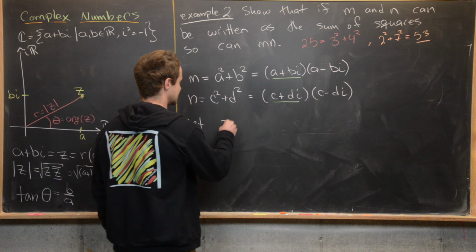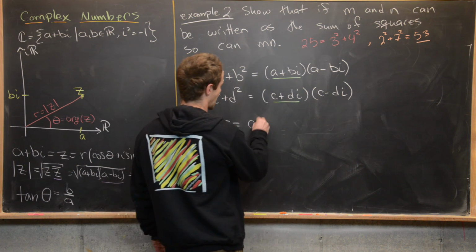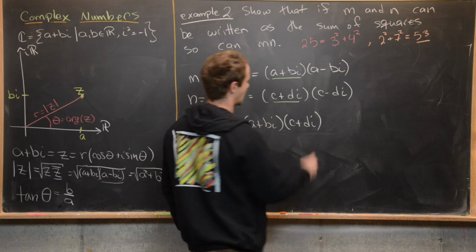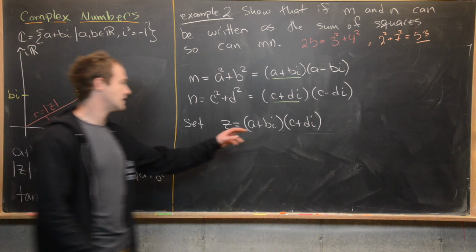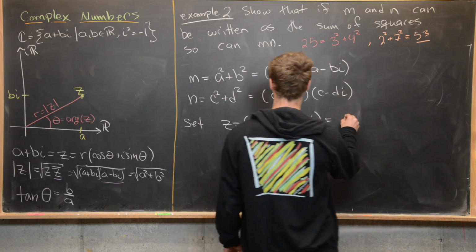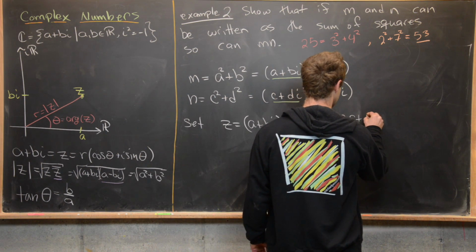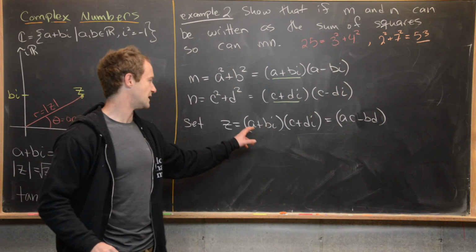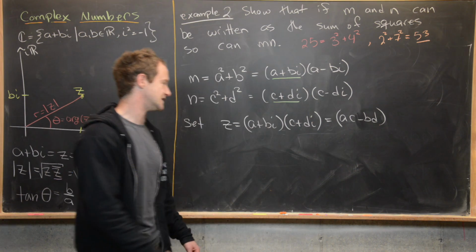So let's set z equal to a plus bi times c plus di. And then notice that we can multiply this out. This is going to be ac minus bd. Again, that would be the a times c and the bi times di.